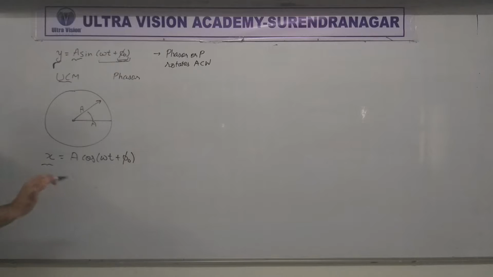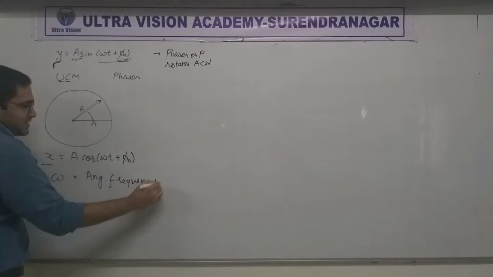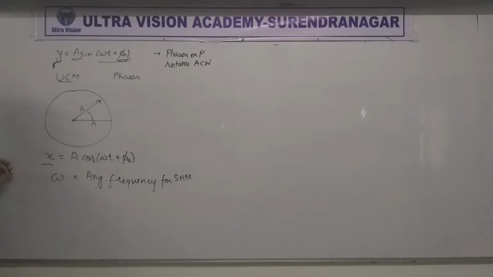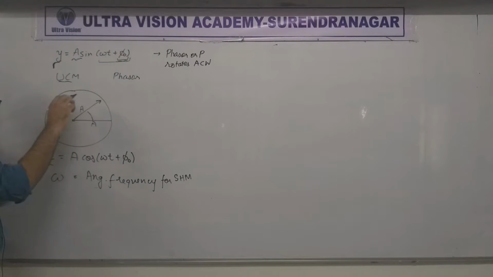One final thing which is fairly simple to understand. What is omega? Omega here serves two purposes. Number one, omega is the angular frequency for SHM. Also, if you recall what we learned last time, this particle is going around in a circle, doing UCM with a constant angular speed omega.